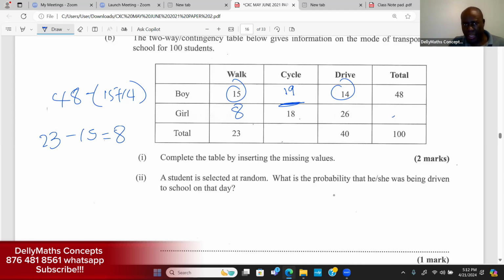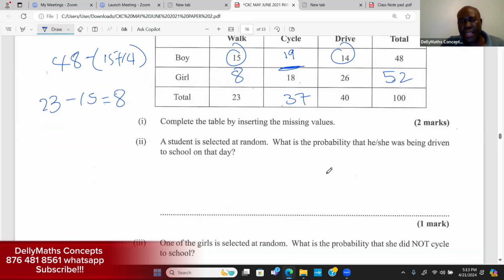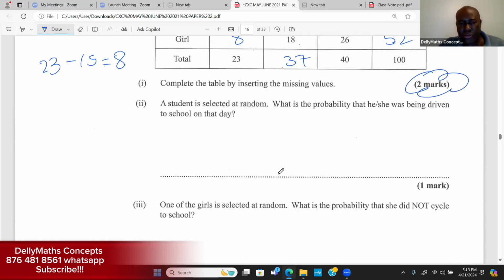If I add up everything for the girl column, 8 plus 18 plus 26, I'm getting 52. And then for this one missing spot, I'm going to add 18, and this is going to give me 37. So those are all four missing values. Easy calculations, adding and subtracting, and we would have completed that table. So it's an easy 2 marks right there.